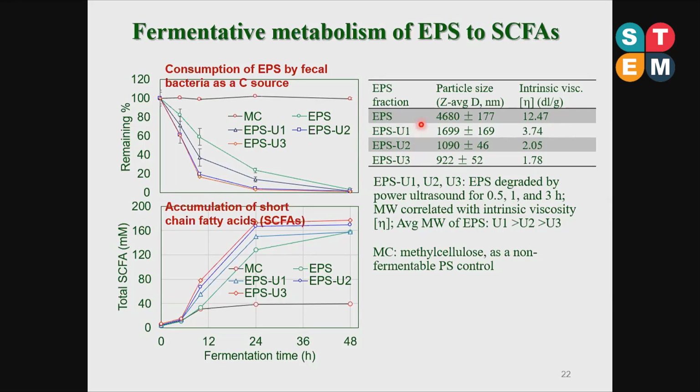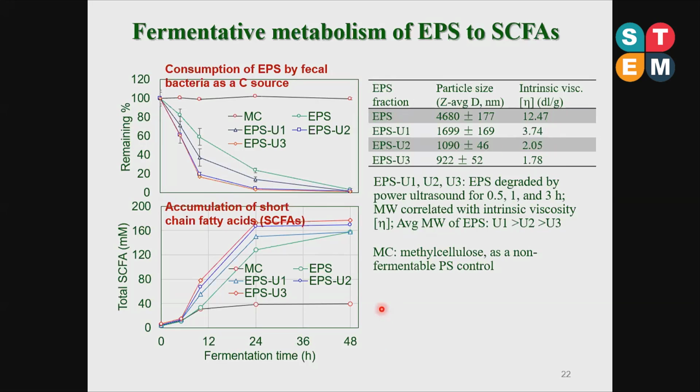Then we used EPS U1, U2, U3, which is the EPS degraded by power ultrasound for 0.5, 1, and 3 hours. You can see the intrinsic viscosity gradually decrease. Intrinsic viscosity is proportional to the molecular weight, so that shows the gradual reduction of the average molecular weight of the polysaccharide.